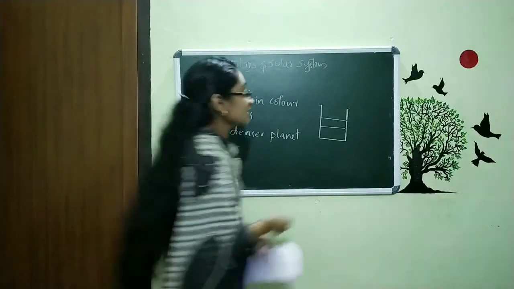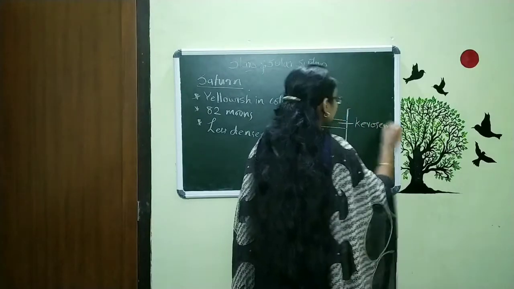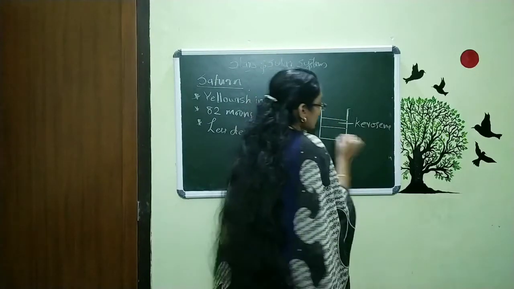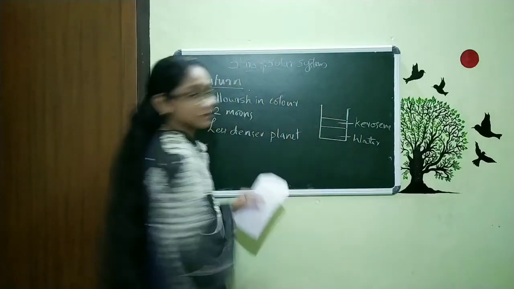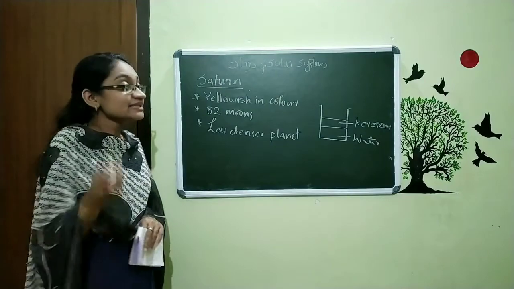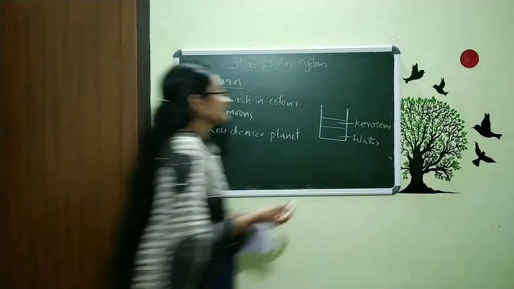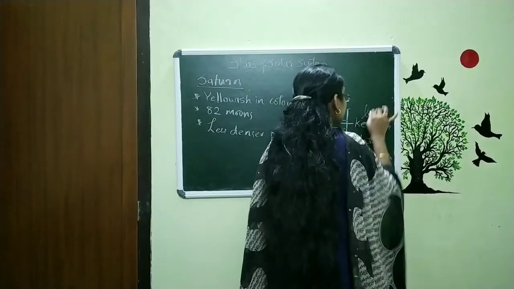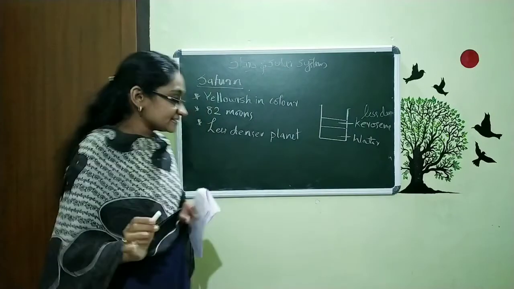You can see the kerosene at the top and the water at the bottom. So we can say kerosene is less dense than water. That's why it is at the top.